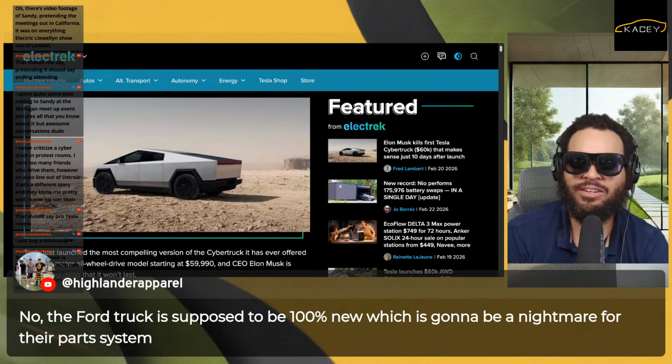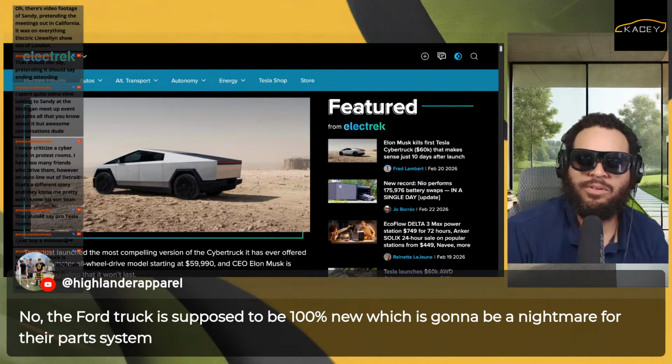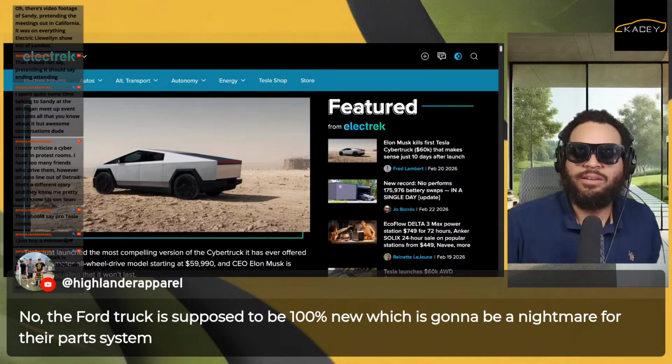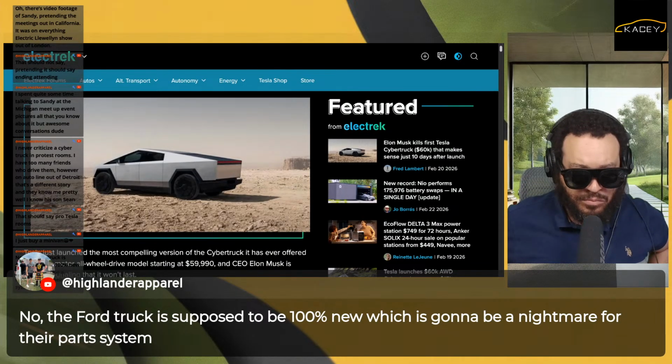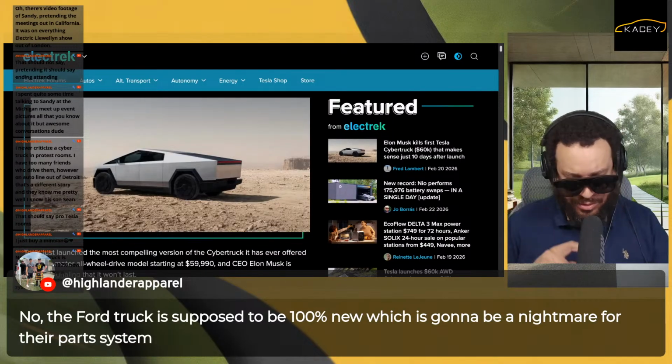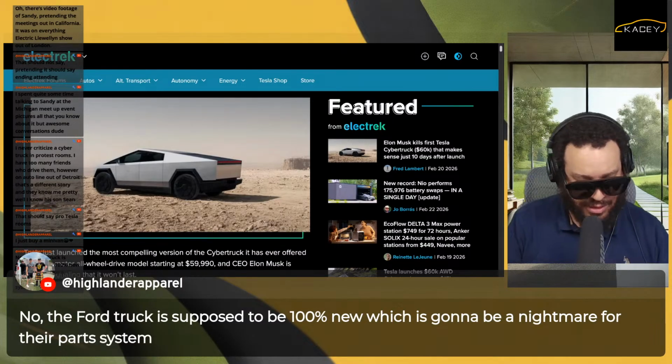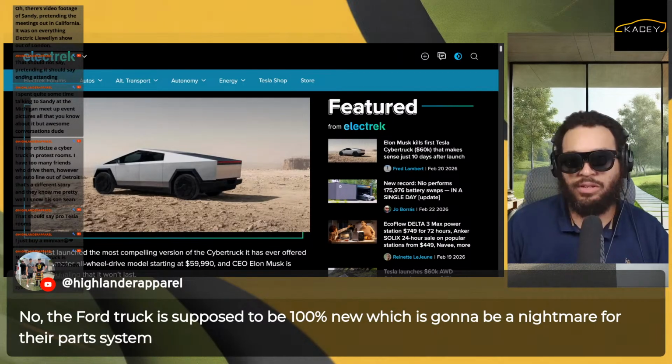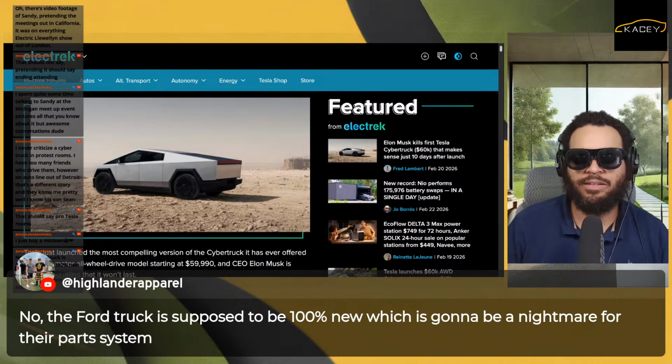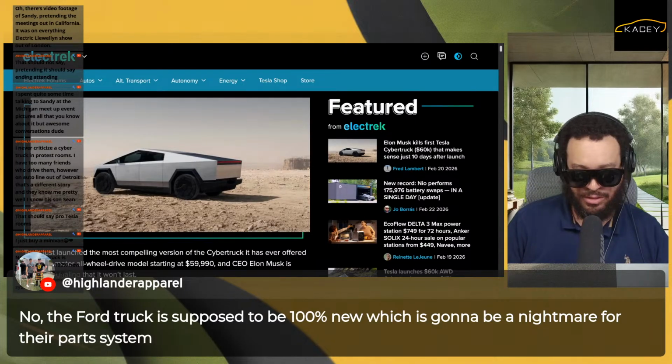I know the Ford truck is supposed to be 100% new, which is going to be a nightmare for their parts system. Oh yeah, absolutely will be. But it's their first unicasting, gigacastings. It's got the new zonal architecture, what they call the unboxed process, like Tesla and Rivian are using.